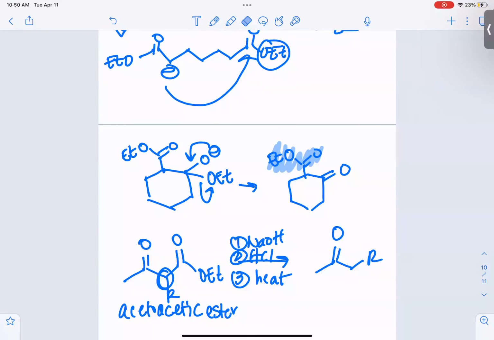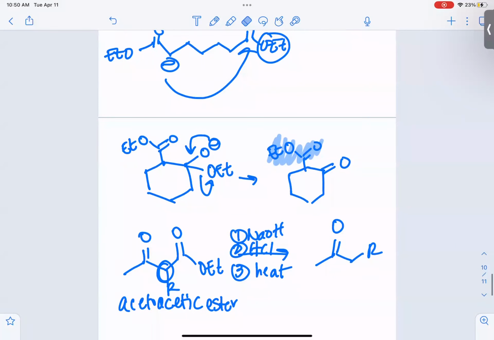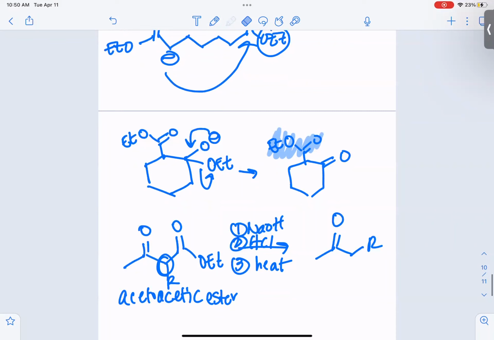Okay, so our first step, we added NaOEt. So now let's hydrolyze that ester and get rid of it. Or, actually, let's wait on that. Instead of hydrolyzing the ester, let's react at this position. Let's alkylate there. That hydrogen's acidic. So let me add some more NaOEt, and then I'm going to add a methyl group.